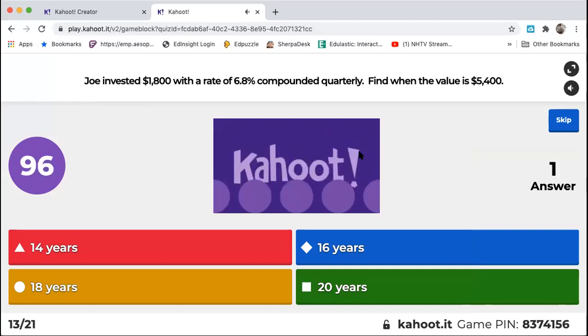That's the N. How many times a year has it been compounded? Find when the value is $5,400. So you know the initial amount, you know the end amount, you know the rate, and you know the number of compoundings. You're trying to find time here. So think about solving the exponential equation for t, for time.